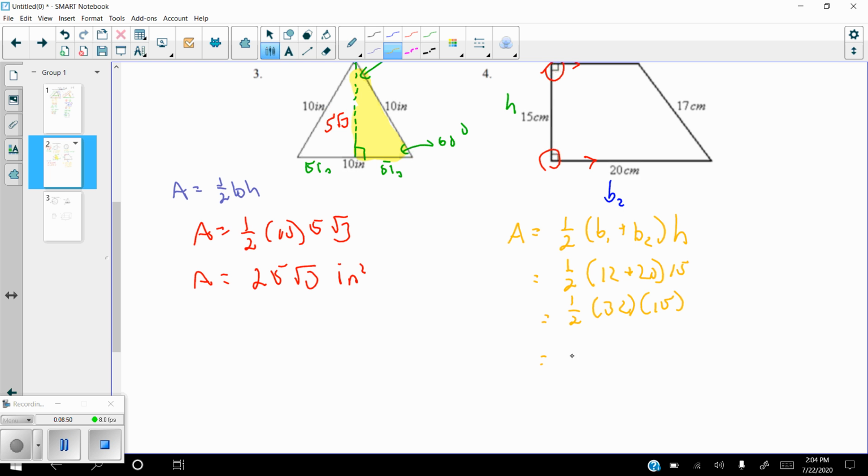So our area is going to be 16 times 15, which is going to be, I think that is 240, if I'm not mistaken. 160 plus 80, yeah, 240. And centimeters squared. There's your area.